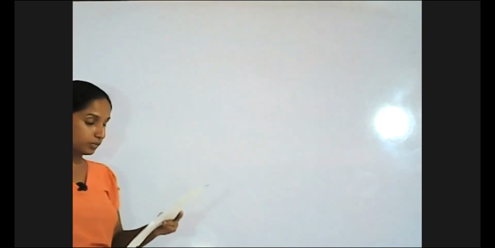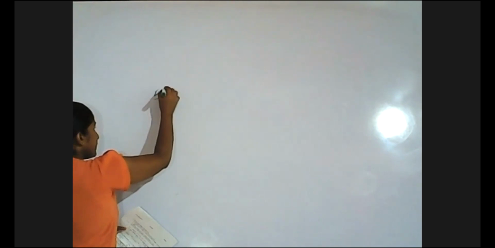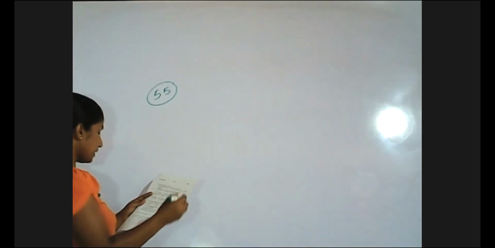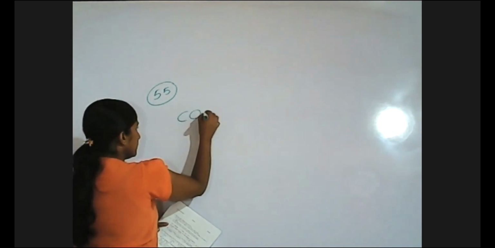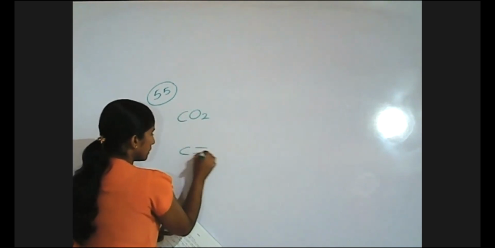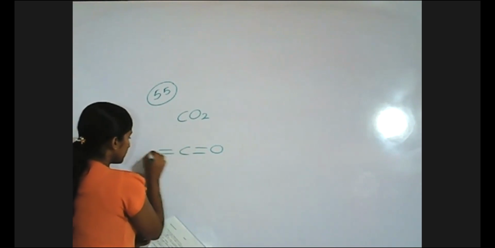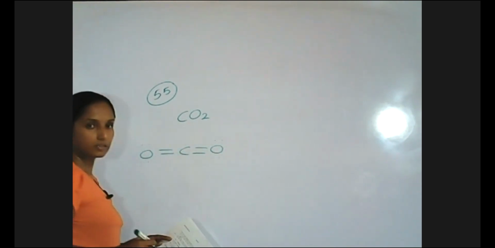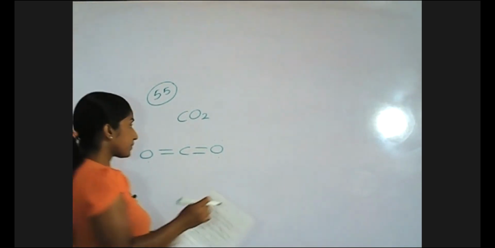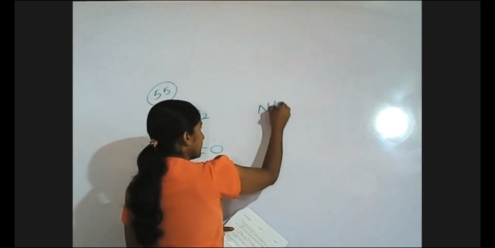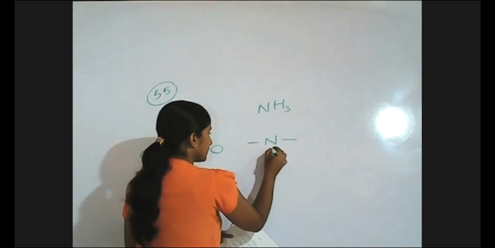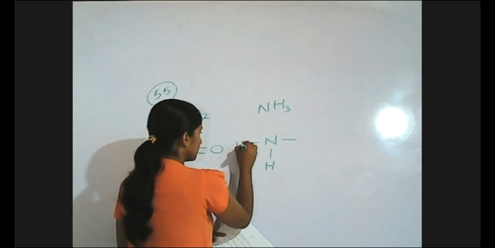First, we will draw it. You have to be very concerned about the Lewis structures, dot cross diagrams, and all these things. Carbon dioxide. There are two lone pairs here. And ammonia, NH3. Nitrogen is the central one, and there are three hydrogen atoms.